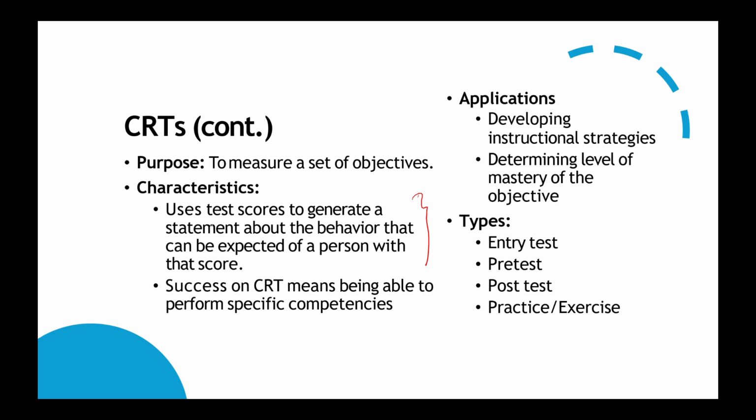For example here, a test score to generate a statement about behaviour that can be expected from the person with that score. That means you set it from what you already observe, from what we already know.